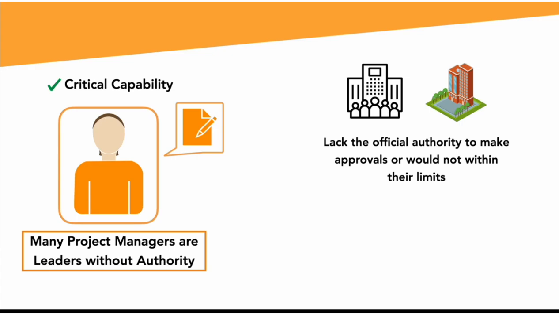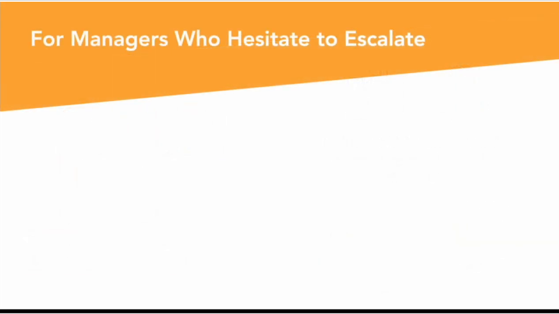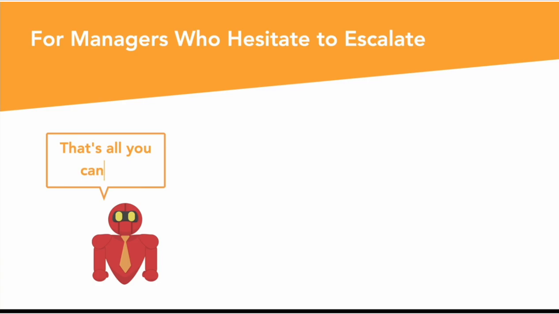And if that was the case, typically the only thing that a project manager can do is escalate. So for those project managers who hesitate to escalate, the point I want to make here during the implementation stage is that's all you can do.